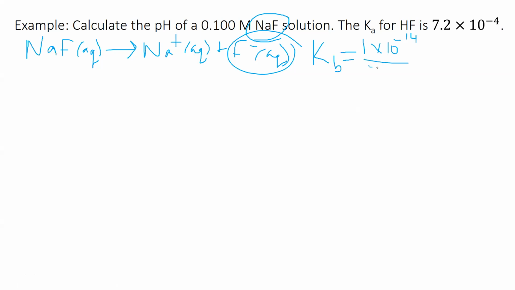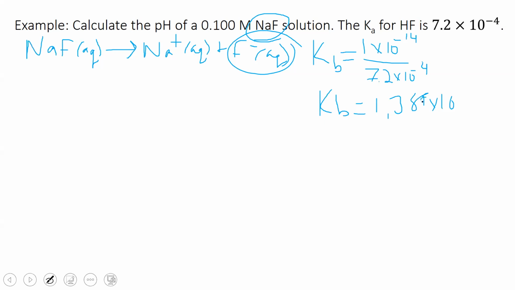So the Ka is 7.2 times 10 to the minus 4. You can calculate that Kb very simply, and you wind up with a value of 1.389 times 10 to the minus 11, with, in this case, 2 sig figs, so 1.4 if you were to round it here.